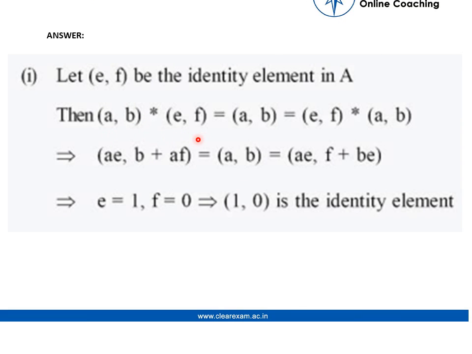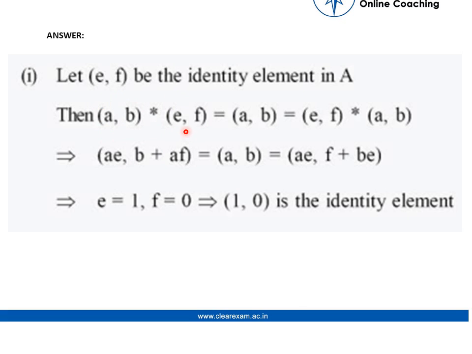For the identity element, we also have a property and we'll just apply that property to the variables. We can take numbers also, but here in the question it's given for variables, so we'll take the variables.